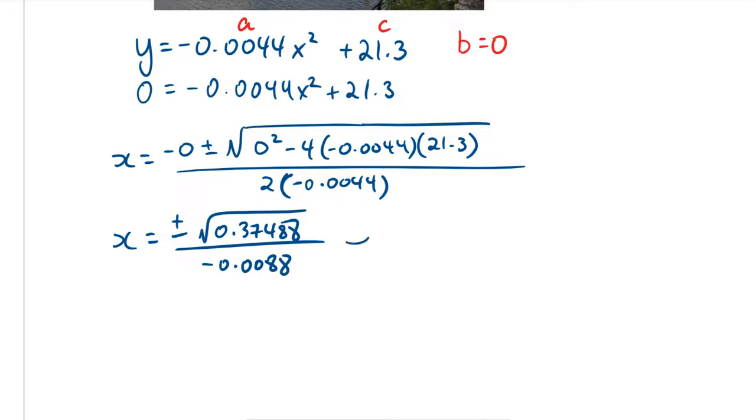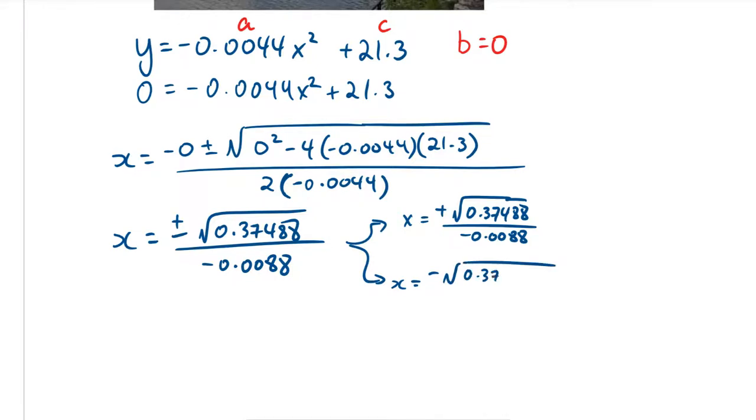So x could be the positive square root of 0.37488 over negative 0.0088, or x could be the negative square root of 0.37488 over negative 0.0088. We get the two answers: negative 69.58 and positive 69.58.